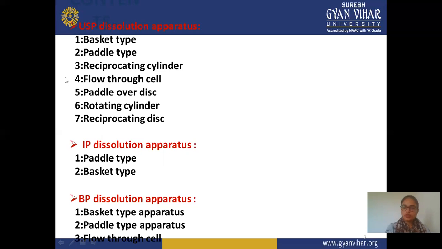Fourth, according to USP, type 4 dissolution apparatus is flow through cell. Type 5 is paddle over disc, 6th is rotating cylinder, and 7th one is reciprocating disc. These are the 7 dissolution apparatus, type 1 to 7, given in the United States Pharmacopoeia for the dissolution test.